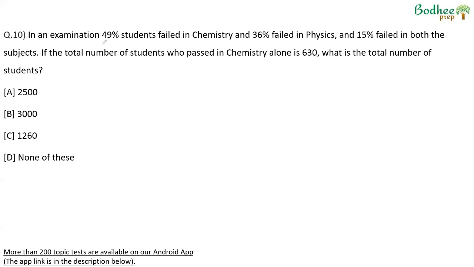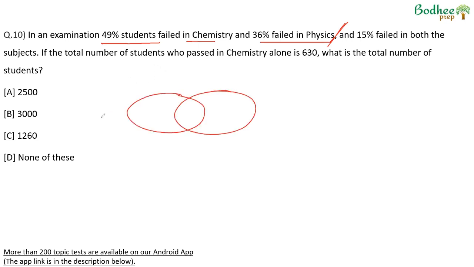In an examination, 49% students failed in chemistry, 36 failed in physics, 15% failed in both physics and chemistry. We are drawing a Venn diagram for people who passed. Therefore, 15 will be outside. They failed in both.